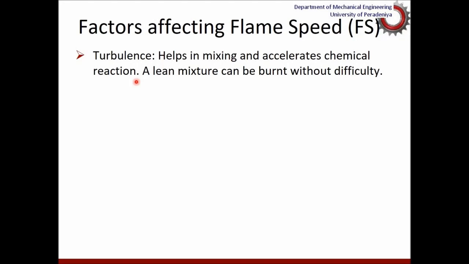That means it helps us to create a homogeneous air-fuel mixture so that we could expect more steady flame propagation during the combustion phase. Accordingly, we could expect fast burning. At the same time, the turbulence helps the flame propagation process itself. Therefore, you could expect fast burning as a result of turbulence.